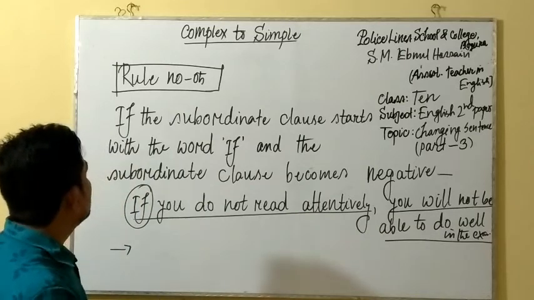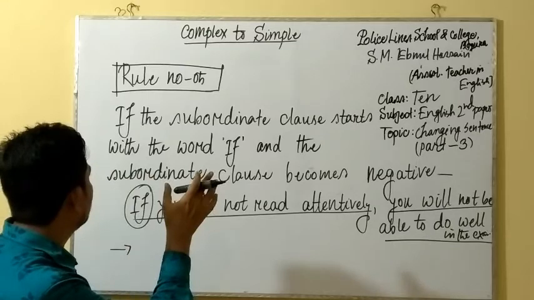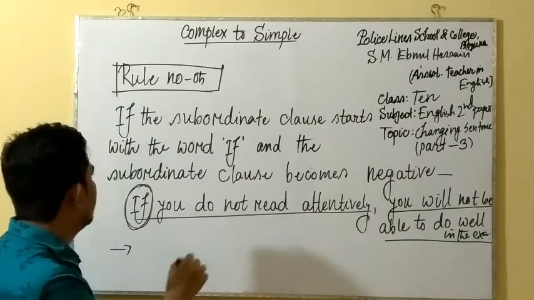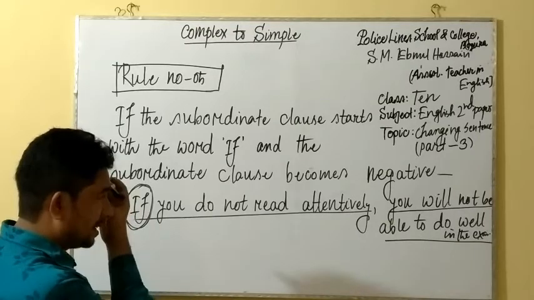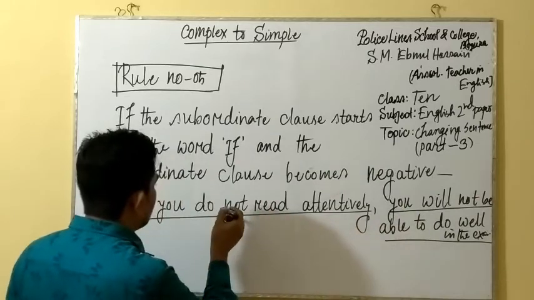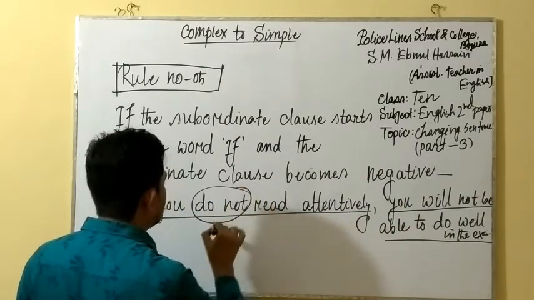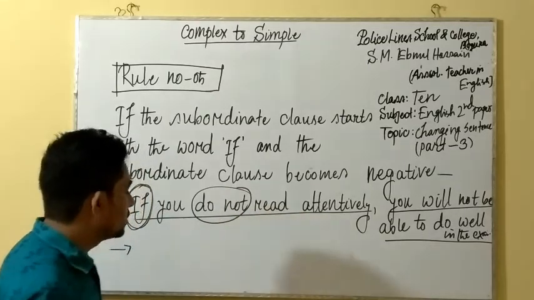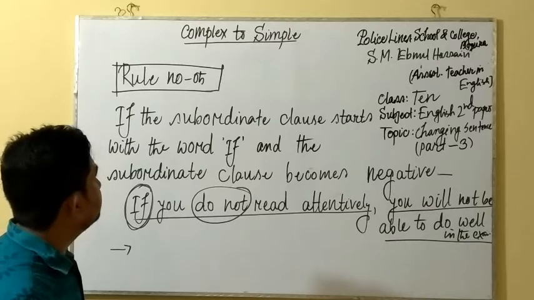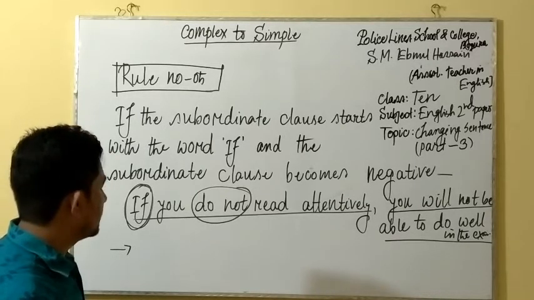But in rule number 5, it is stated that if the subordinate clause starts with the word if, and the subordinate clause becomes negative, as we can see here with do not, then this type of sentence can be transformed into a simple sentence.